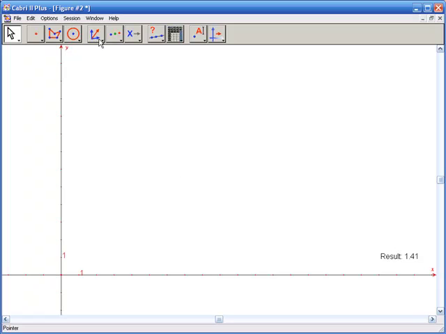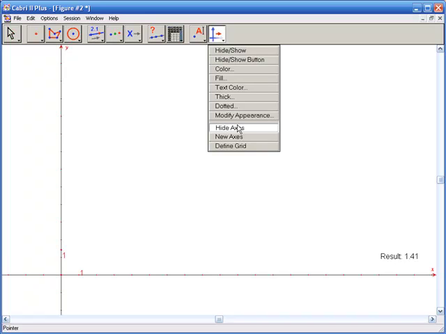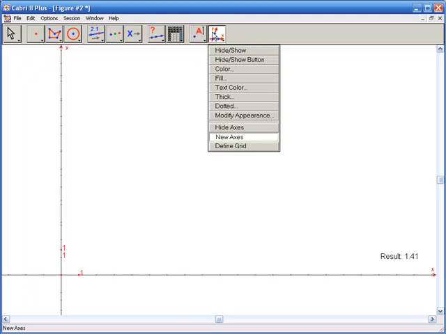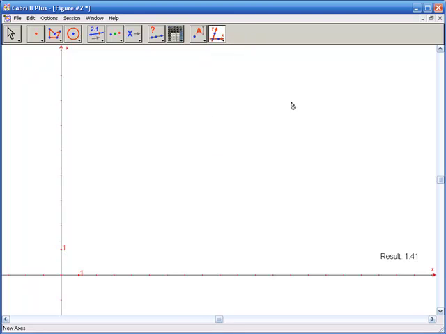Then we're going to transfer that measurement onto the vertical axis. And then we're ready to set up our new axes. Then we can just hide the old axes.